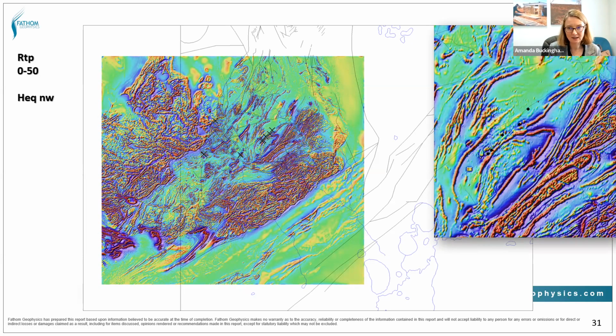All I've done to the data is take the original RTP data and upward continue it 50 meters. Because we know the properties of this lovely 3-dimensional magnetic field, we can work out what the response looks like when we move above the ground, and we can actually work out the response anywhere. Quite wonderful.